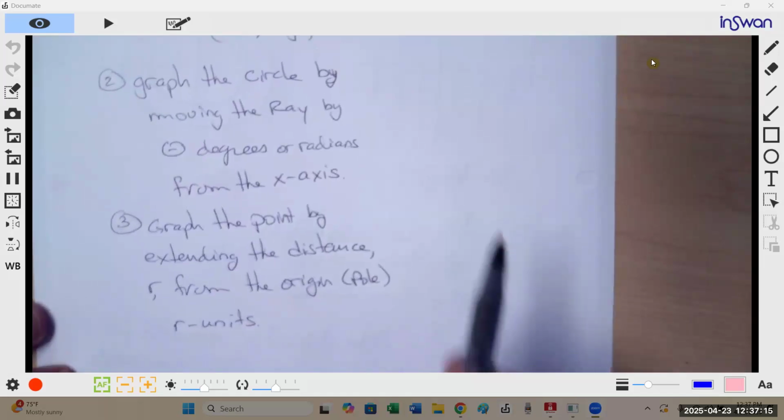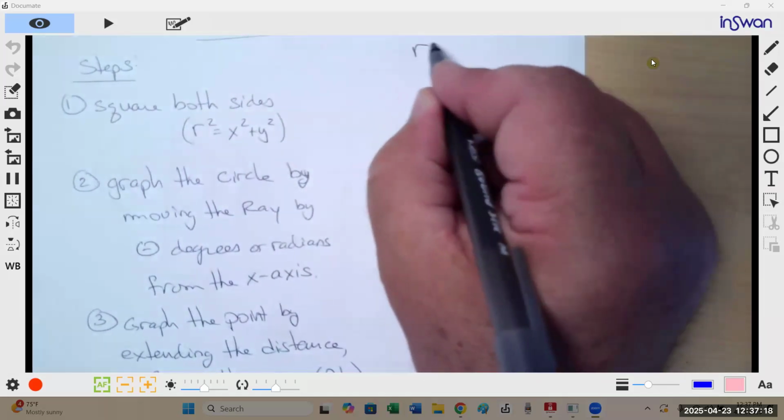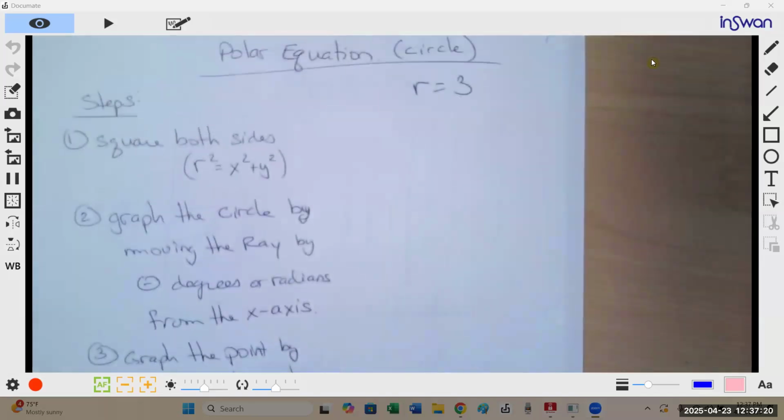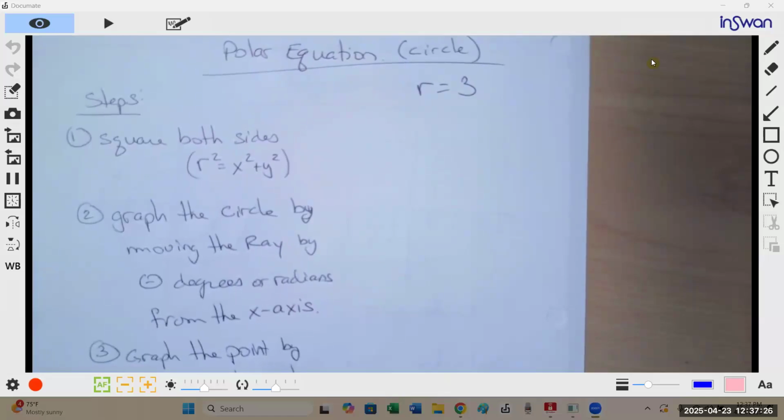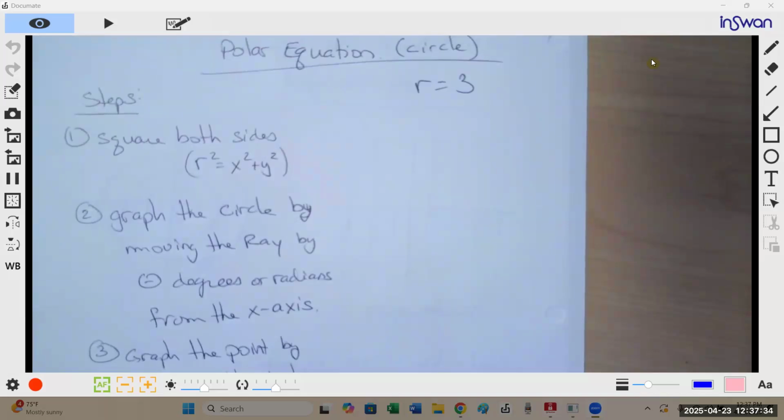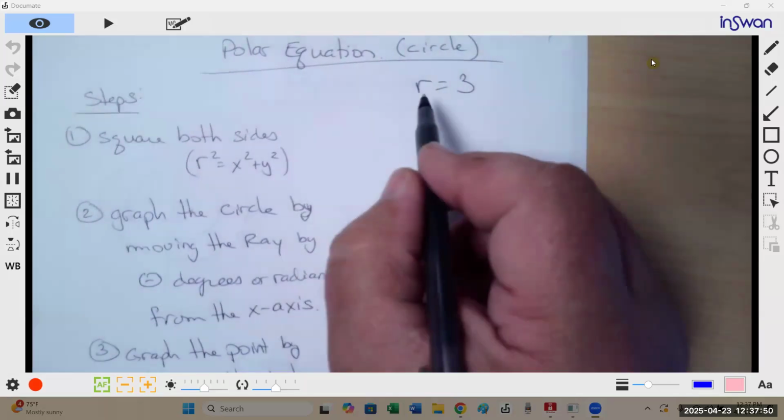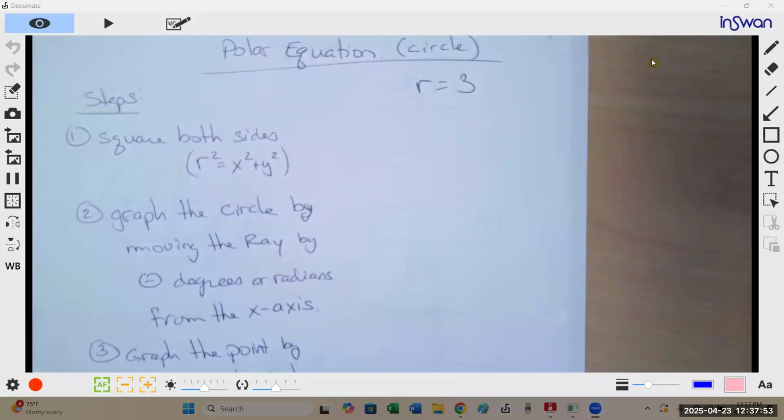So this is example 1. Our example is r equals 3. Because if you just said radius equals 3, what does that mean? But now what would the graph look like? It's not a line. If it's a radius, it's circles, but that's what it means.